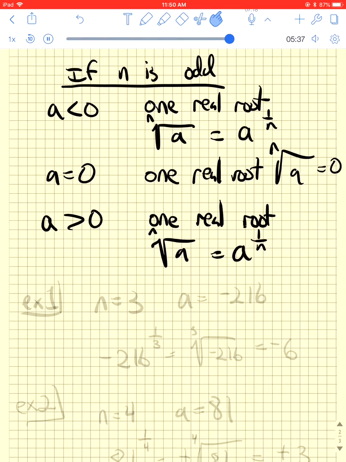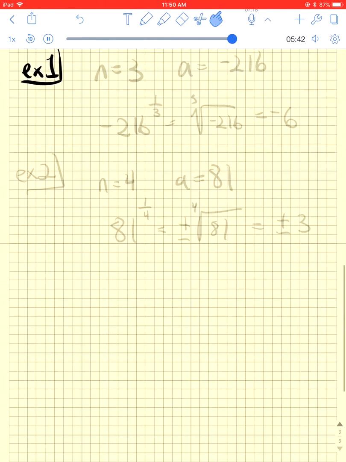So two quick examples. Example 1. If n is 3 and a equals negative 216, find the nth root. Well, we continue with negative 216 to the 1/3.